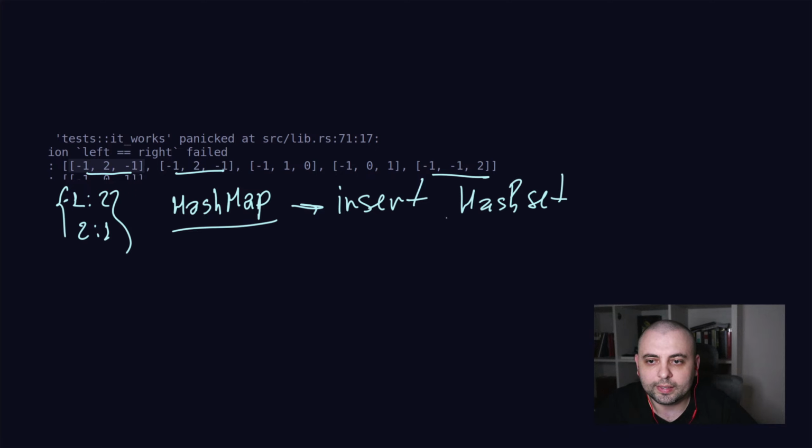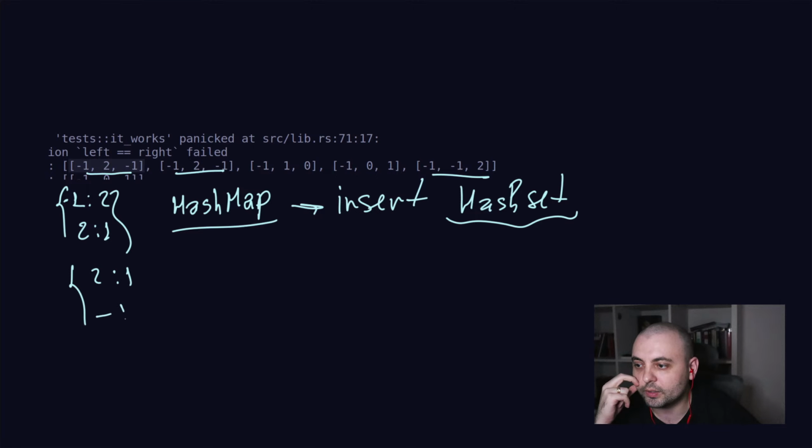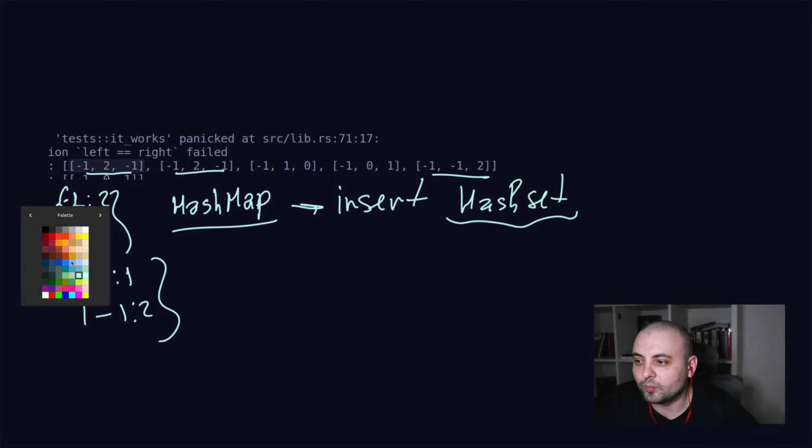And that's quite interesting how it will behave, because I have absolutely no clue. Because we may have the following, like 2, 1, and -1, 2, which are equal from a human perspective, but not from a computer's.